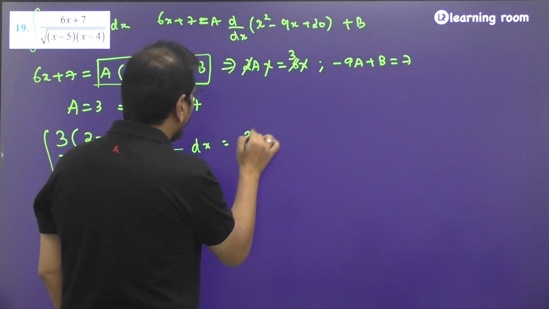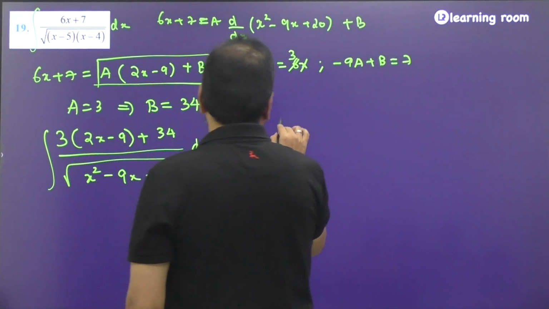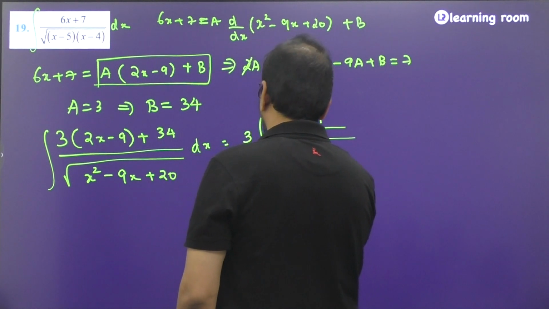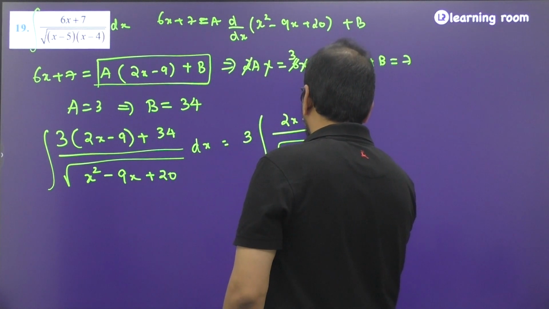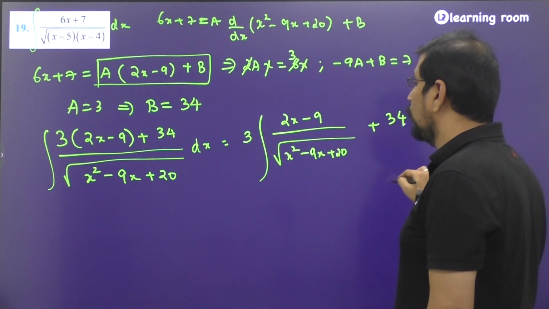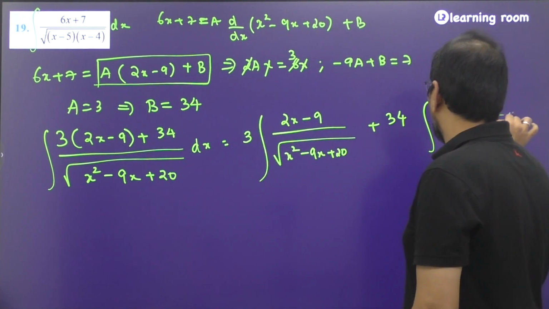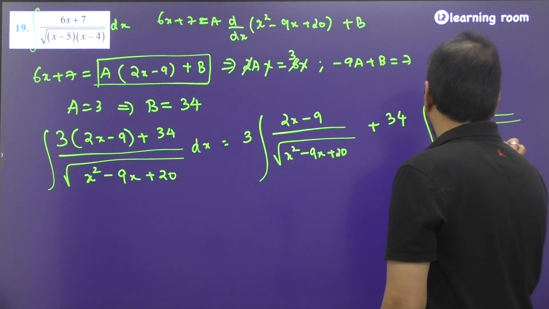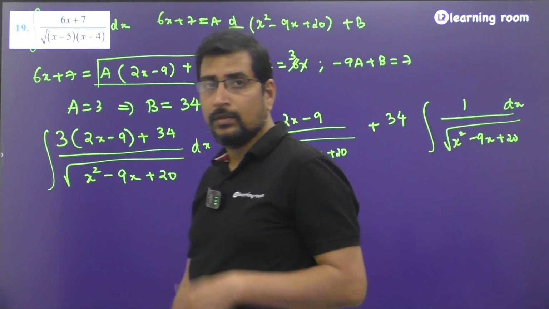So this will be equal to 3 into the integral of (2x minus 9) divided by the square root of x square minus 9x plus 20, plus 34 into the integral of 1 divided by the square root of x square minus 9x plus 20 times dx.